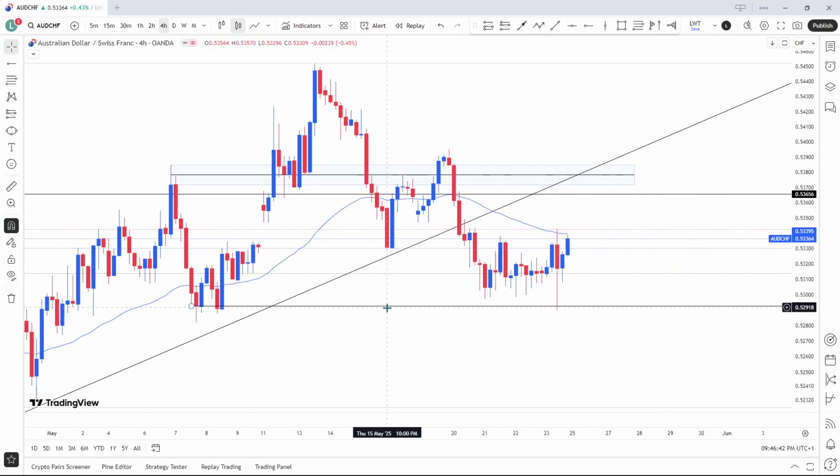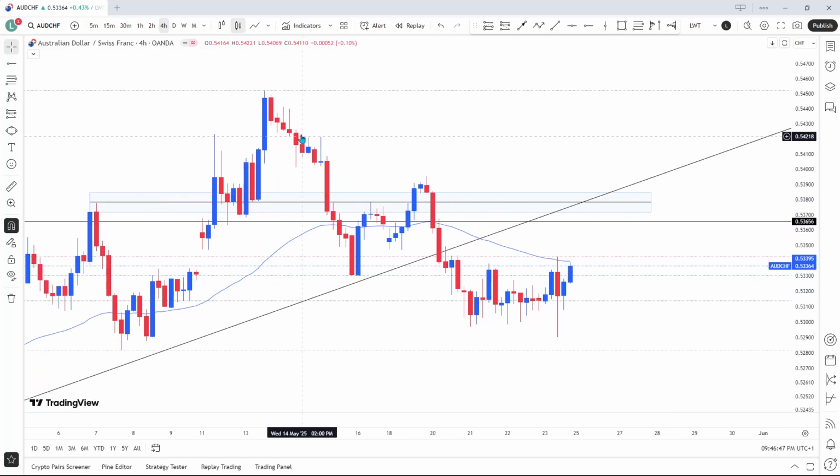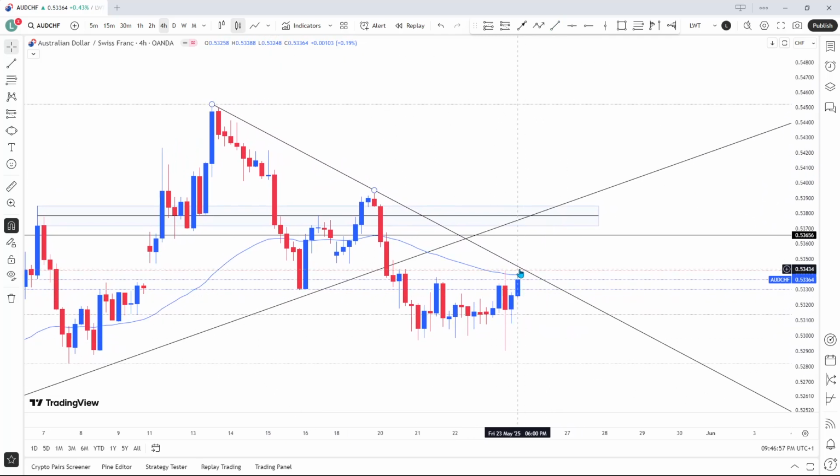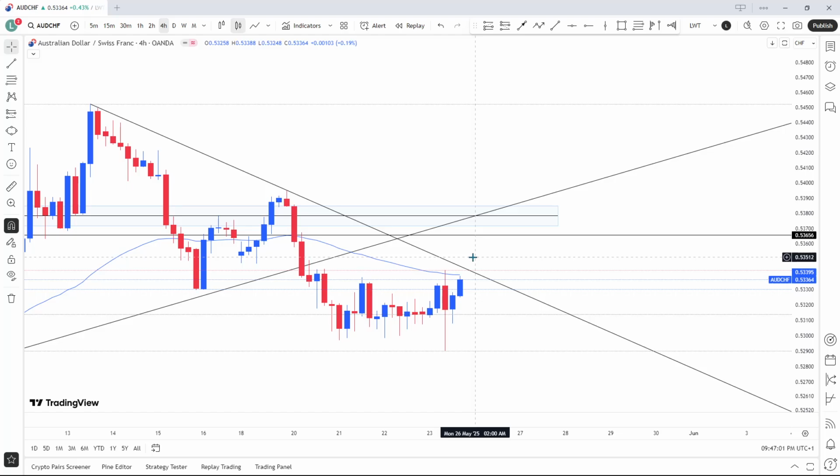Okay, so now let's use this as an example. So we've got our lower low, lower high, lower low forming. So we want to draw our trend line across here. So now potentially we want to be buying as it breaks this trend line here, from these 2 tap-ins.